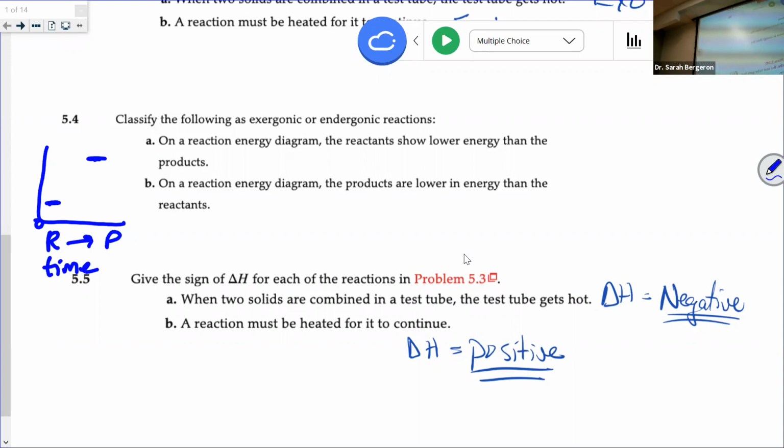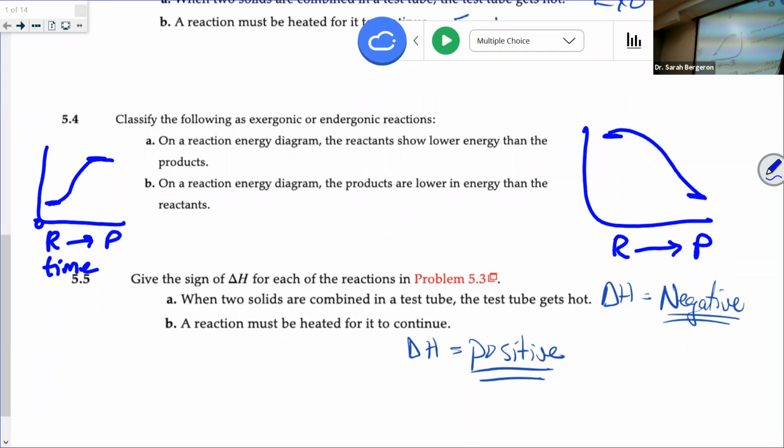Do you remember when I was saying in the videos, you were riding a bike, right? If I turn this into a hill, is this a hill you want to ride your bike on? No, what kind of a hill do you want to ride your bike on? I'm still going reactants to products. How about this one? Do you want to ride this one? Yes, right? I want to ride the one where I don't have to put a lot of work into it.